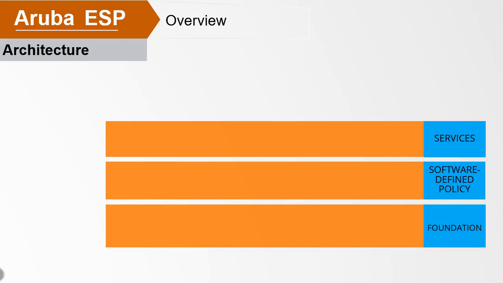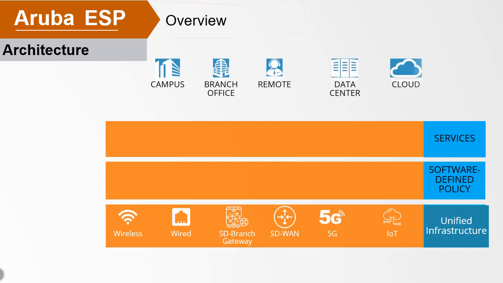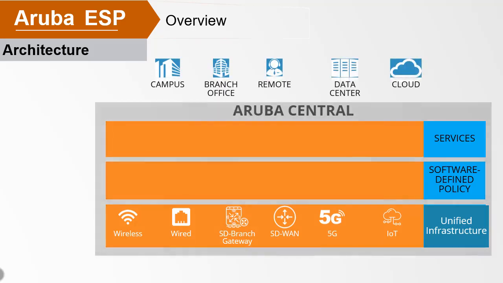Now, each layer also represents 3 core attributes of ESP. The unified infrastructure provides complete network operations across wired, wireless, and SD-WAN domains. Campus, branch, remote worker, data center, and cloud locations all managed via Aruba Central, a single cloud-native pane of glass.